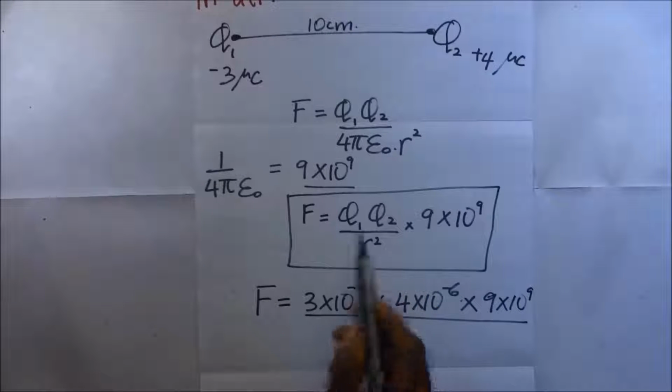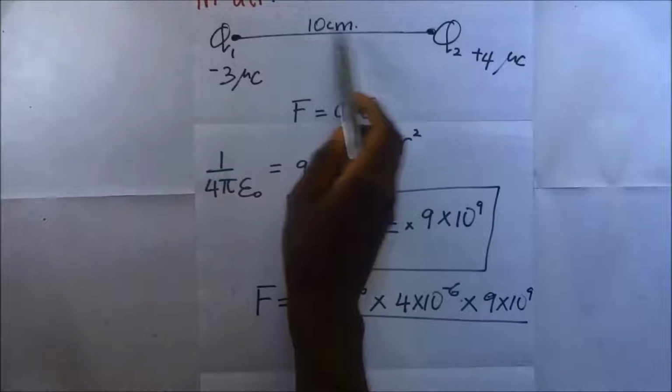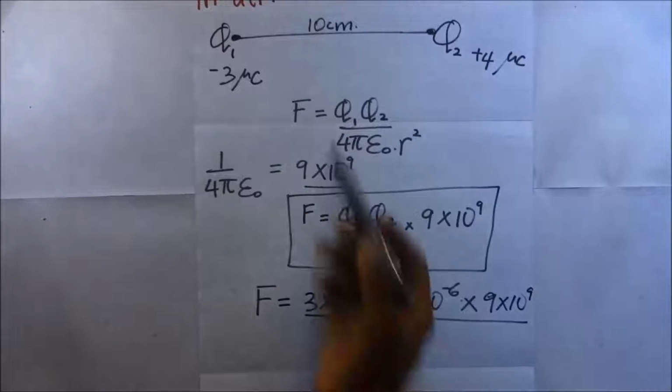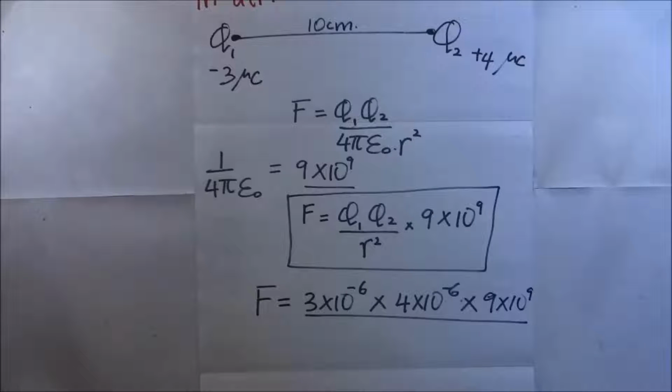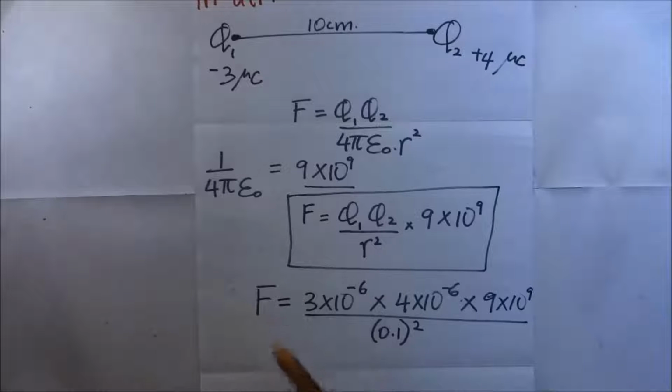Divide all that by the square of the separation. We are supposed to convert this to meters. So this is 10 centimeters, converting that to meters is 0.1 meters. So divide that by 0.1 squared. And the force we shall get here will be 1.08 times 10 newtons.